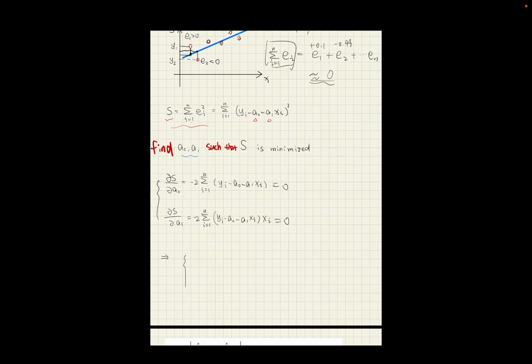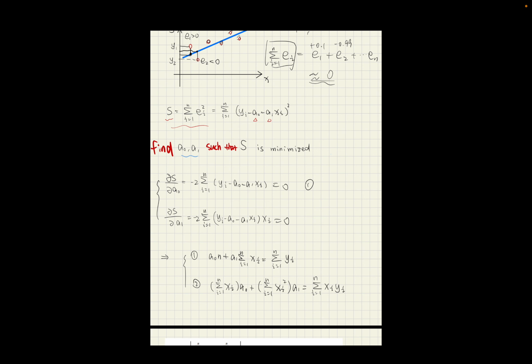So let's do it. Now for the first equation, we can derive a0 n plus this guy, and the second equation is xi squared a1 equals this guy yi.